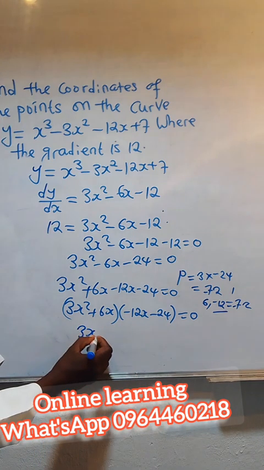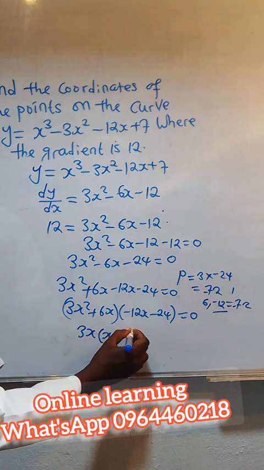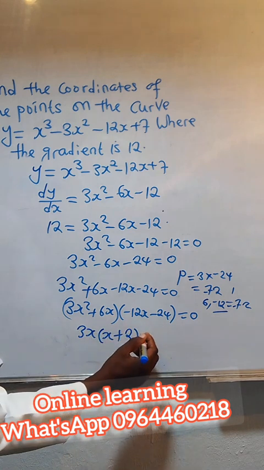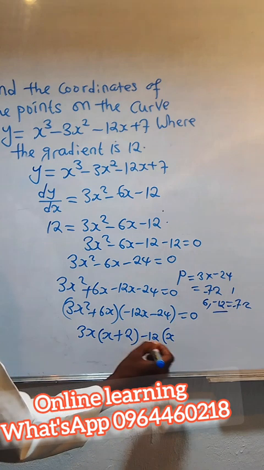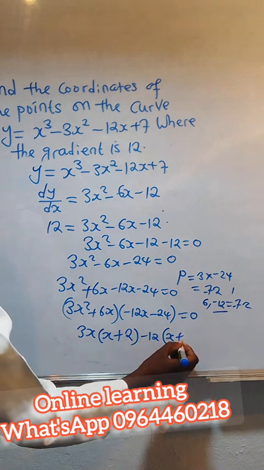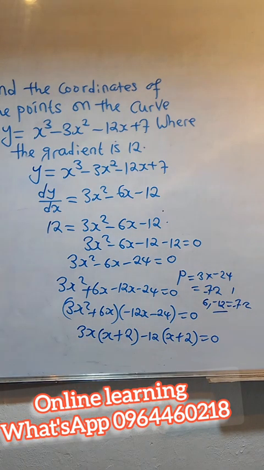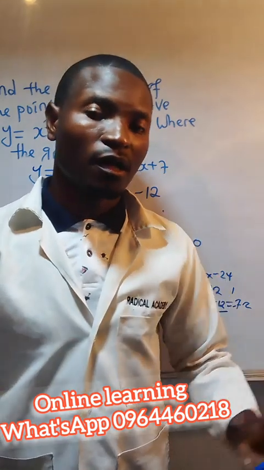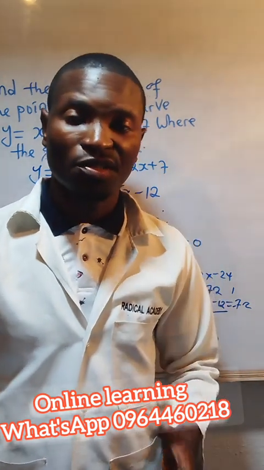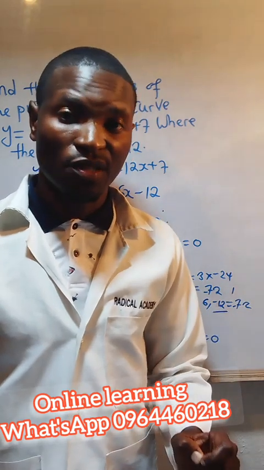So 3x is common: 3x times x plus 2, then negative 12 is common: negative 12 times x plus 2, equals 0. At this stage, we know how to go about quadratic factorization. You can check out my other videos about quadratic factorization.